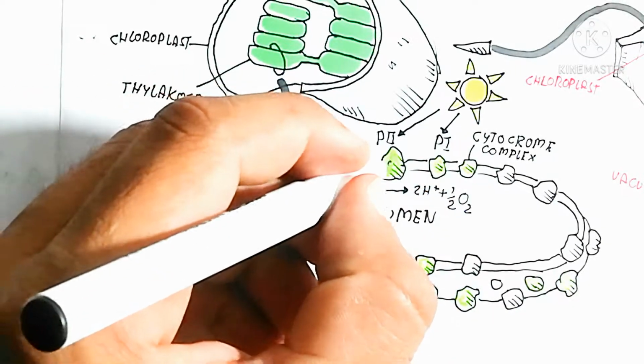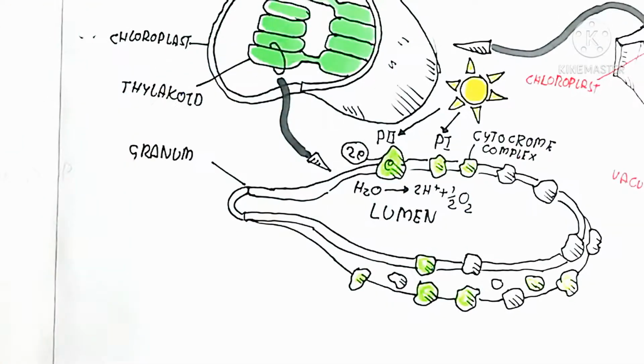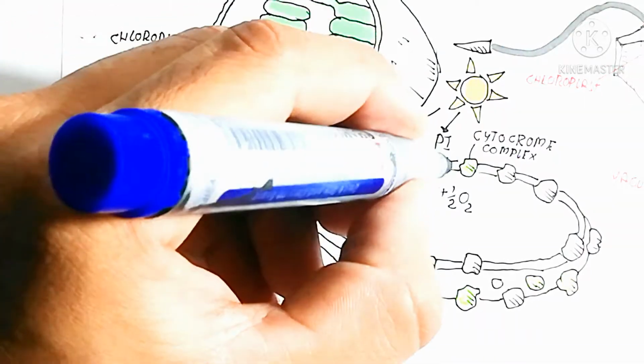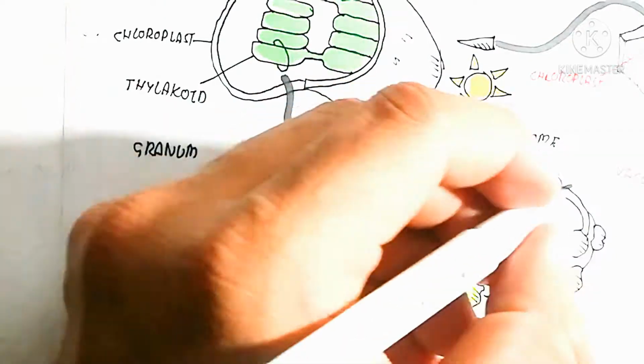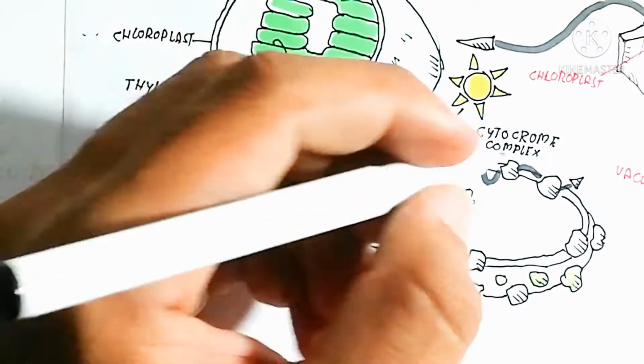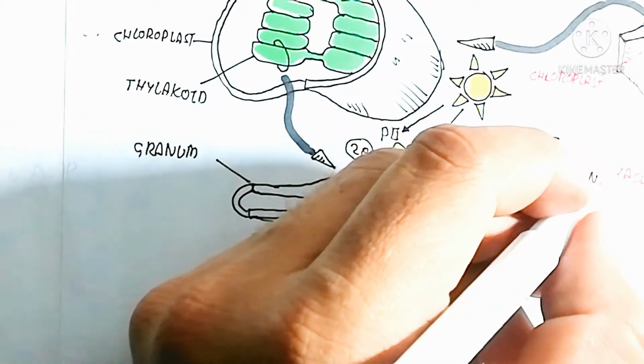First of all we should understand the concept. Here is a molecule of water which is split into 2 protons, 2 electrons and half a molecule of oxygen. The lumen is present inside, while outside is the stroma.